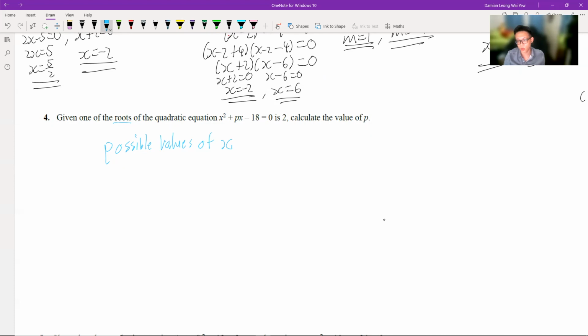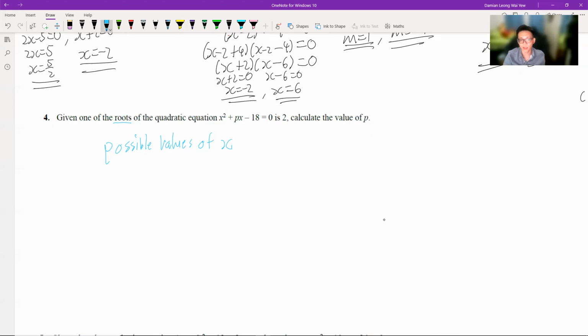When you have a quadratic equation, the roots are the possible values of x in the equation. If I have a quadratic expression, then it's the possible value of x when the expression is equal to 0.